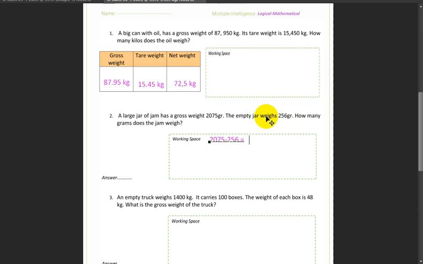And if we do this subtraction, what we're going to get is 1,719. And let's not forget that all of this is grams. So my answer is 1,719 grams.